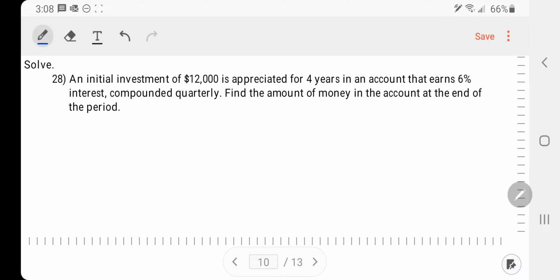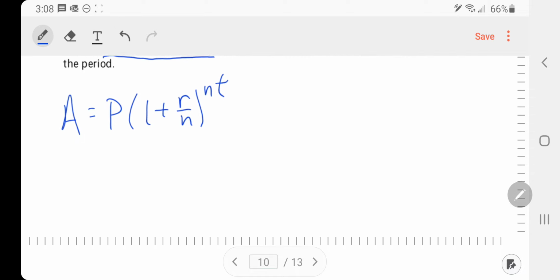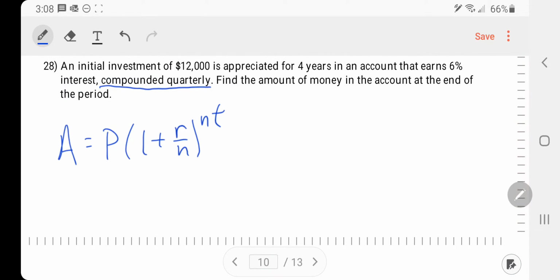We have a money problem. And here's what I want you to notice. It says compound quarterly. That means we're going to be using the compound interest formula, which is A equals P times (1 plus r over n) to the nt. And all you have to do is plug and play.